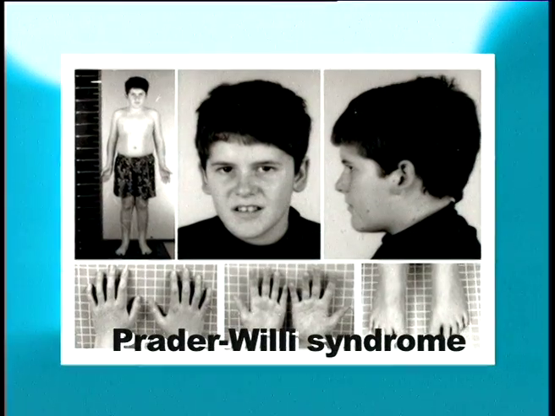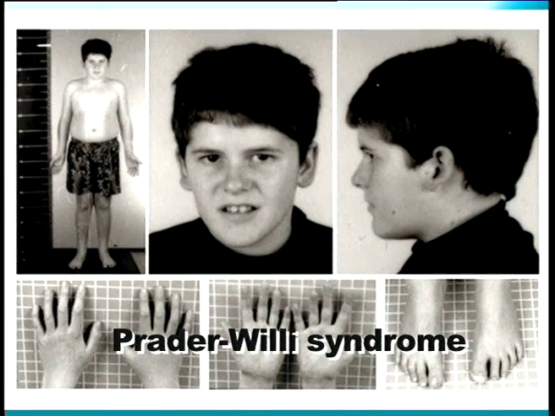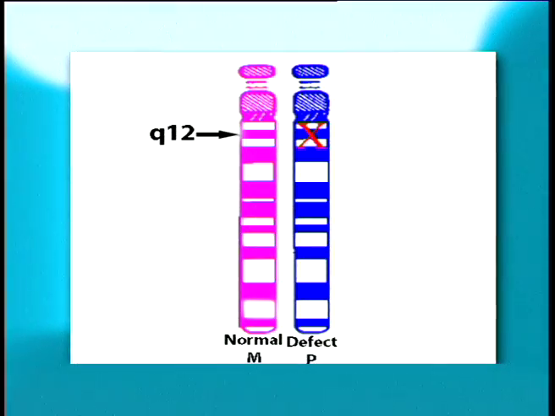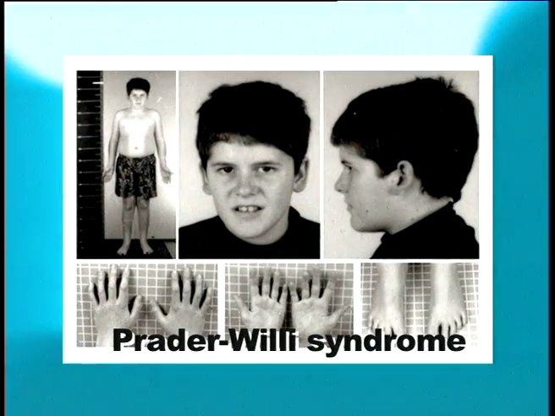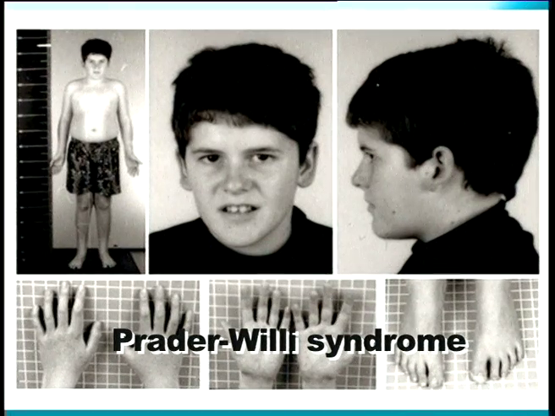Another example is Prader-Willi syndrome, which results from heterozygosity for a deletion of part of the long arm of chromosome 15. Prader-Willi syndrome occurs at approximately the same frequency as that of cri-du-chat syndrome. Infants with this syndrome are weak because their sucking reflex is poor, making feeding difficult.